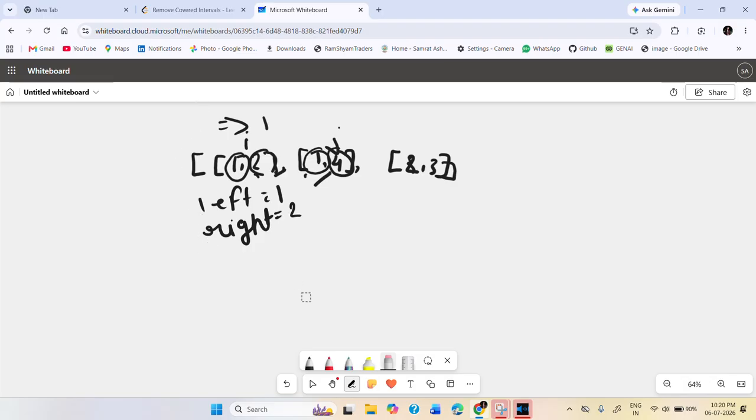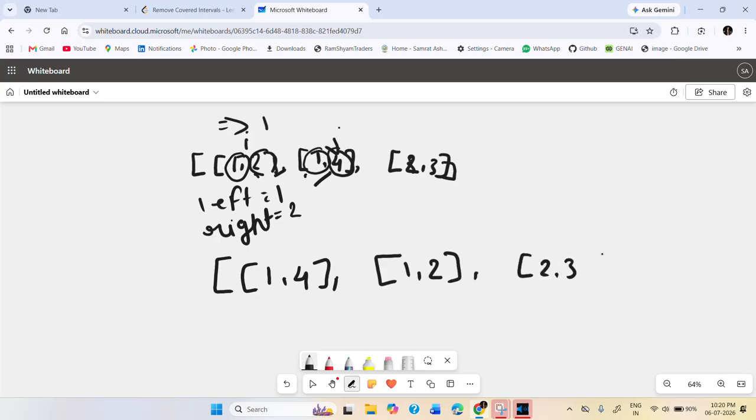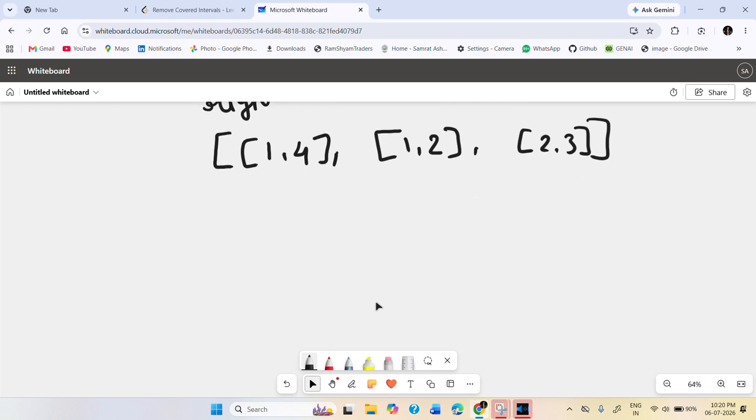If we sort the intervals on the basis of the second value in descending order, it will become 1 comma 4, 1 comma 2, and 2 comma 3. It remains the same, but only these two positions interchange. So in that case, the left value will be 1 and the right value will be 4.